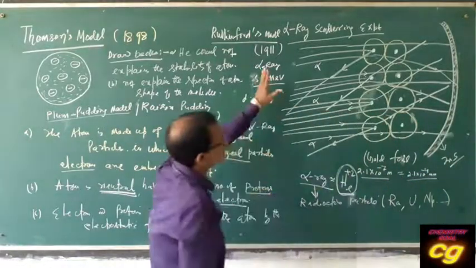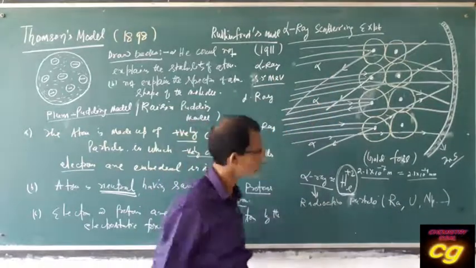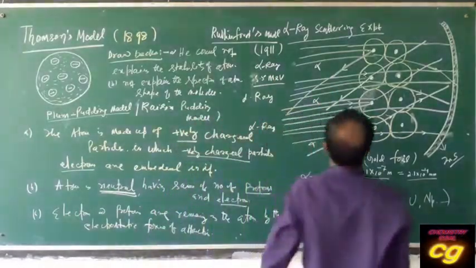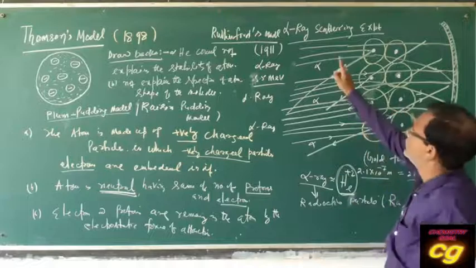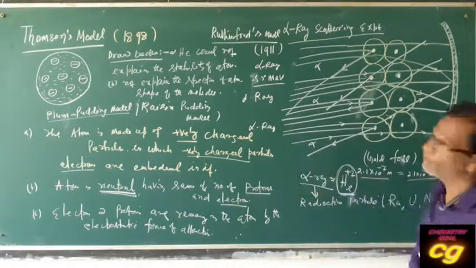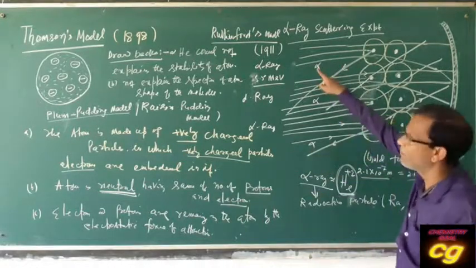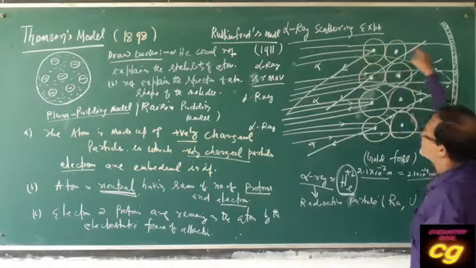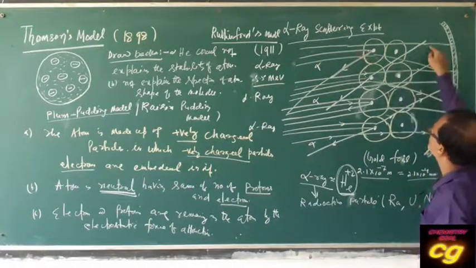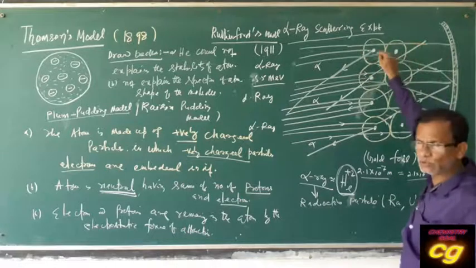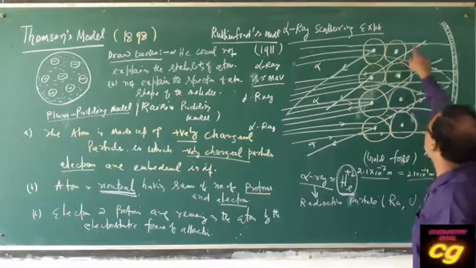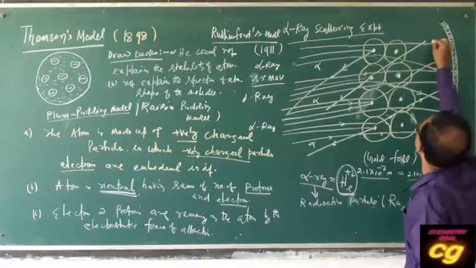Then during the experiment, he found that a few alpha rays pass straight through the gold foil, without deflection.